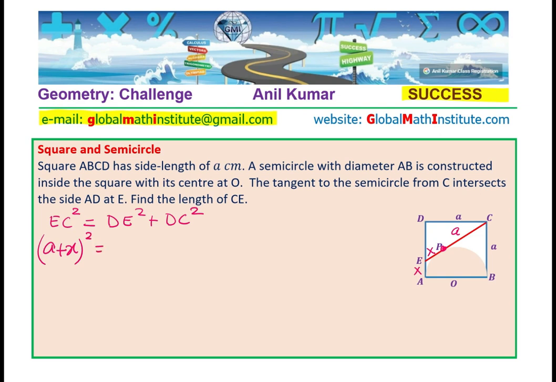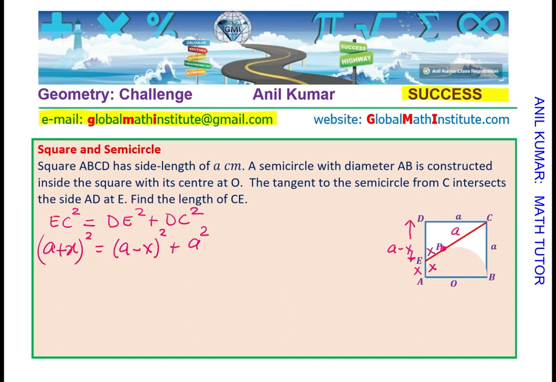D to E is basically how much? Now, this is A minus X, right? D to E, right? Because the other E to A is X, which we figured out, correct? So, it is A minus X whole square, and then we have D to C, which is A square.